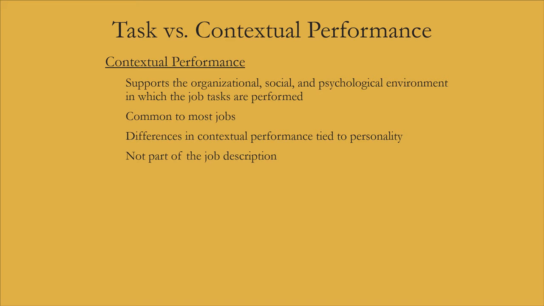Now, this contextual performance is not part of the job description itself. These are all different from what we call task performance. Task performance is the proficiency at performing the tasks that are required as a formal part of the job. This is what's in the job description, the job tasks. And this is what the employees are paid for. And it's generally what's in performance evaluations. And it's what employees get trained to do.